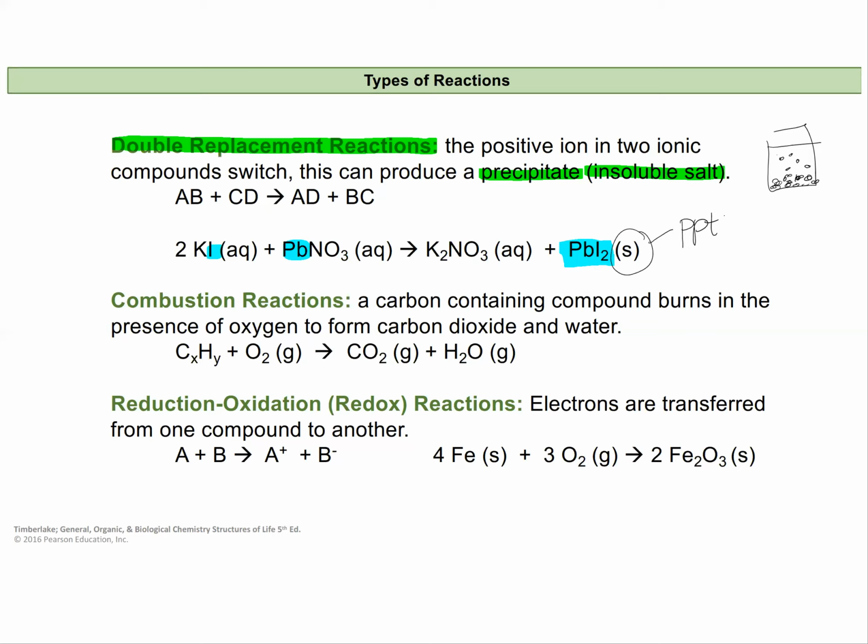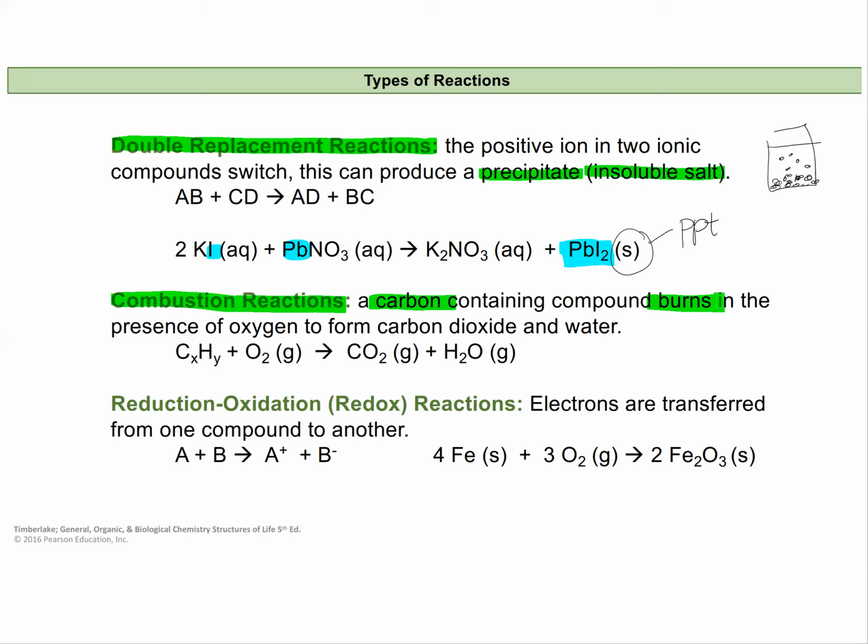The next type of chemical reaction is a combustion reaction. These happen for anything that contains carbon when it burns. So we often think of campfires for a combustion reaction, but you can think about the combustion reaction that your body does over a number of steps to break down nutrients, food that we've ingested.